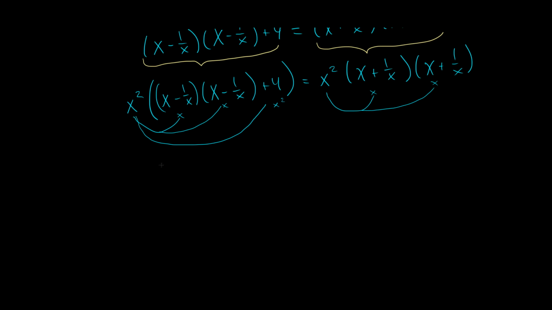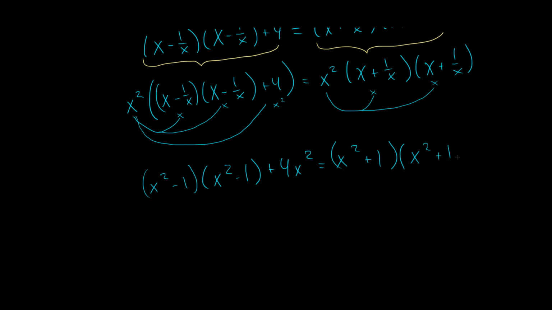Okay, so what does this give me? This gives me x squared minus 1 times x squared minus 1 plus 4x squared equals x squared plus 1 times x squared plus 1.